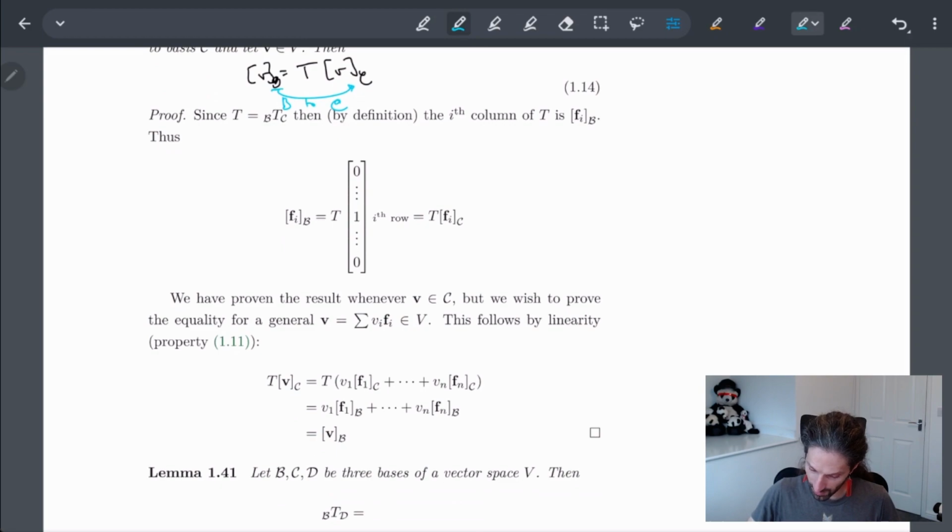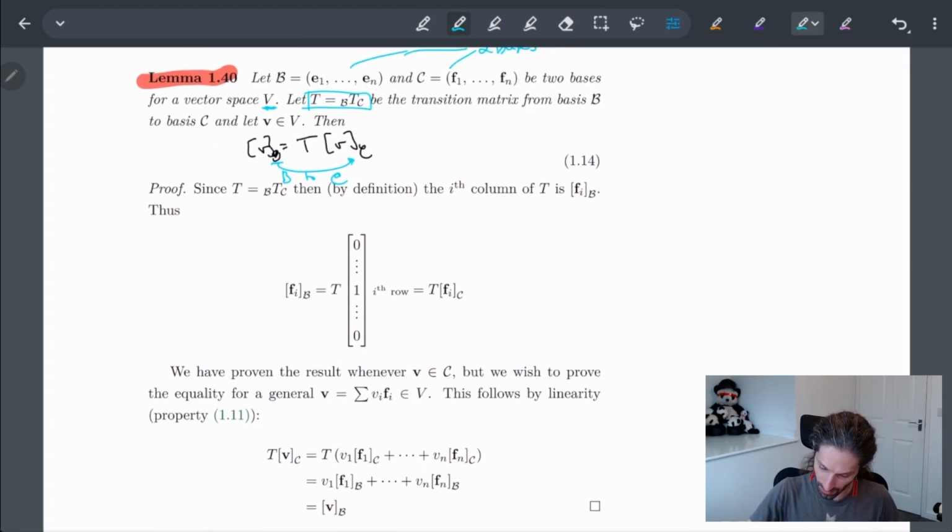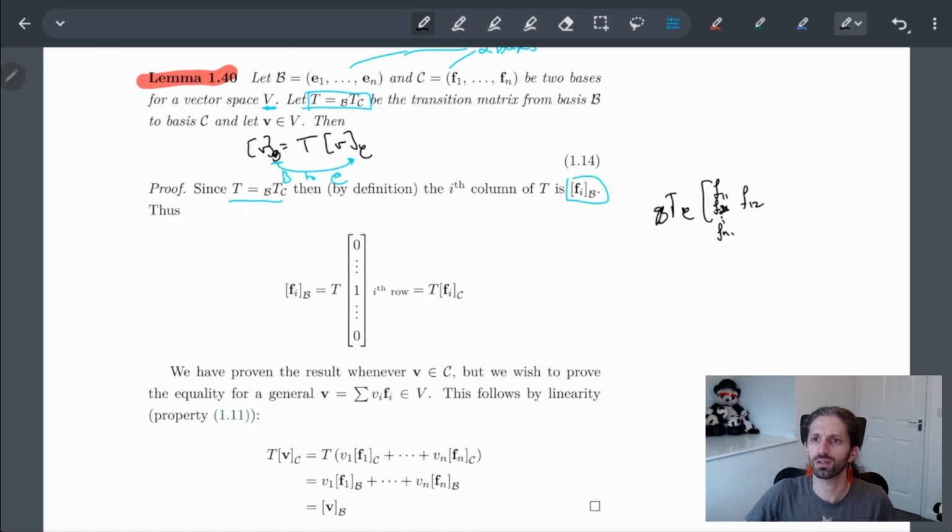So let's look at a proof of this. It's not too bad to see. Here we're going to let T equal BTC just for ease of notation. The ith column of T is precisely Fi of B, right? So if we recall the matrix for BTC is given by F11, F12, F21, Fn1, F12, F22, etc., right?